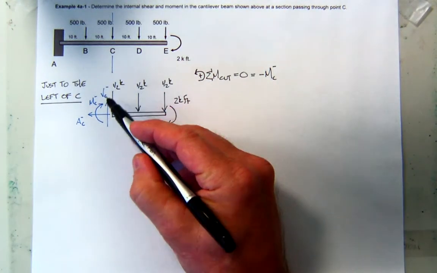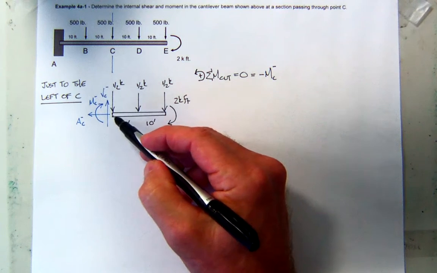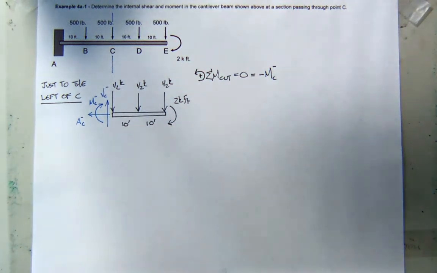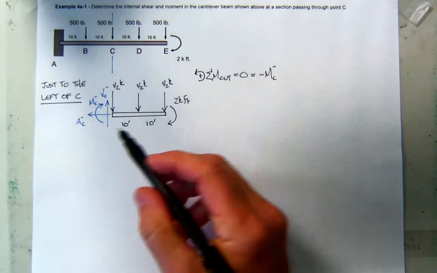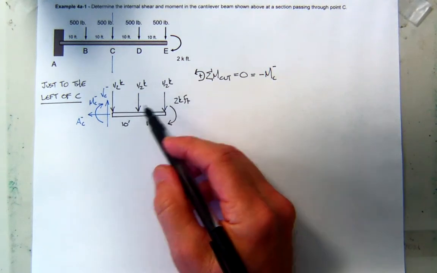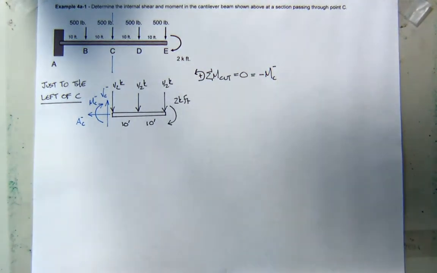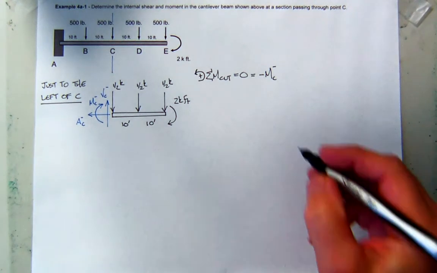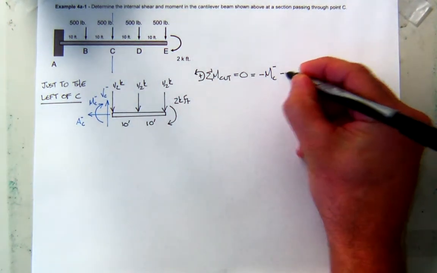Does this first half kip force create any moment about the cut? No, because I've got as close to it as I can. Even if there was a moment arm, it'd be really, really small, so it'd create no moment. But I will get moment from the other two half kip forces. And what kind of moment will they be, positive or negative? Negative. So I'll put that out front.